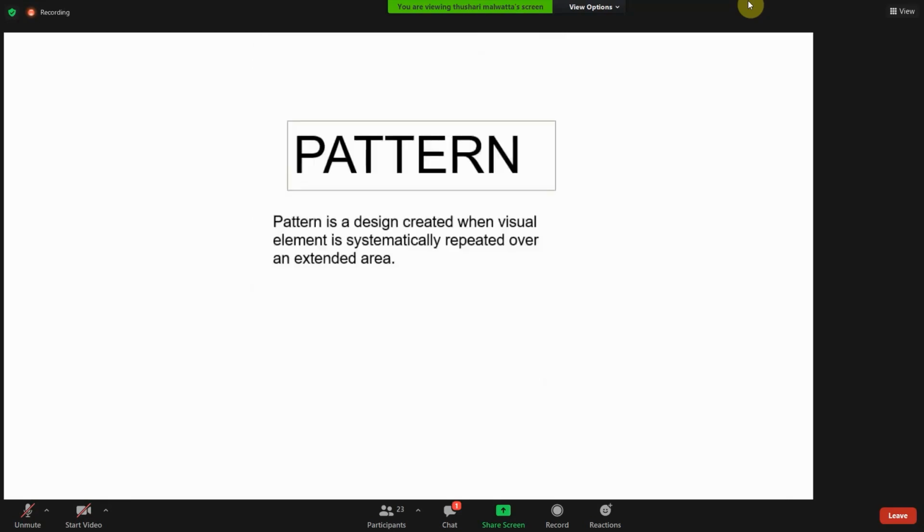So the next design principle is pattern. You can create ideas through patterns. Pattern is a design created when visual elements are repeated over an extended area. So when the elements are repeated, it creates a pattern.